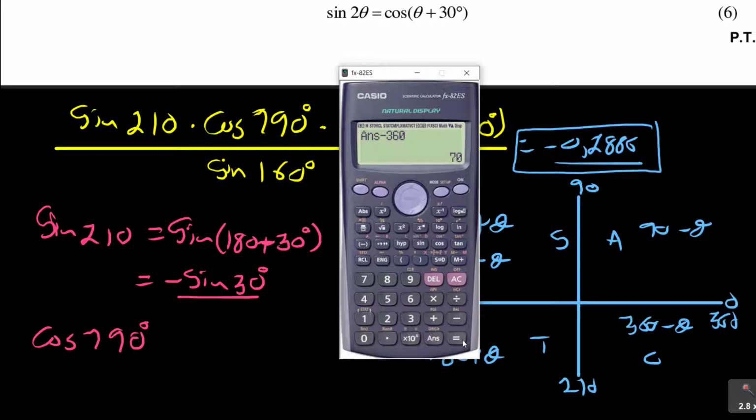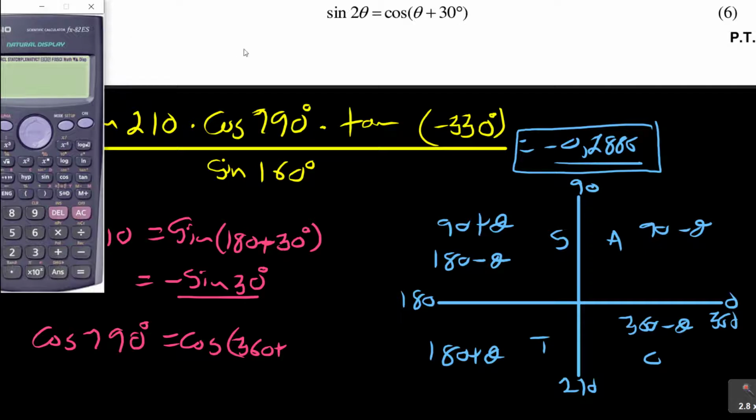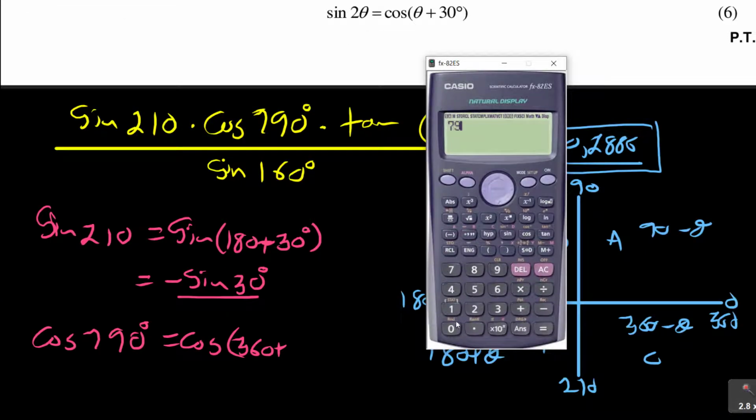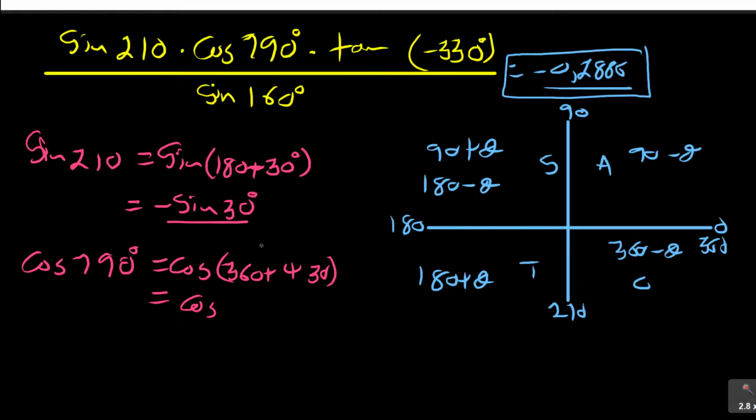You see, it's 430. So you can say this is equal to cos (430 plus 360), nothing changes on the sign because it's a complete revolution, so let it fall away, which is equal to cos 430.